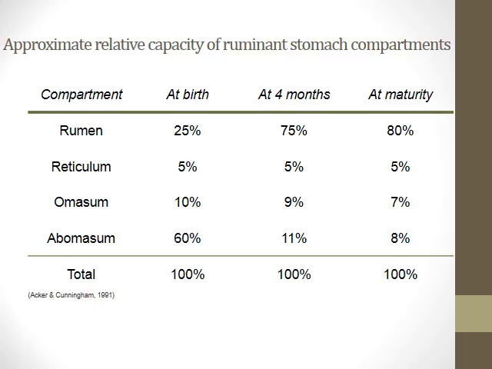Now that changes as the ruminant begins to mature. The rumen takes the primary role in breaking down food, and that can reach up to 80% of the stomach capacity, whereas the abomasum has a different role, but it gets smaller relative to the rest of the stomach at about 8% capacity.